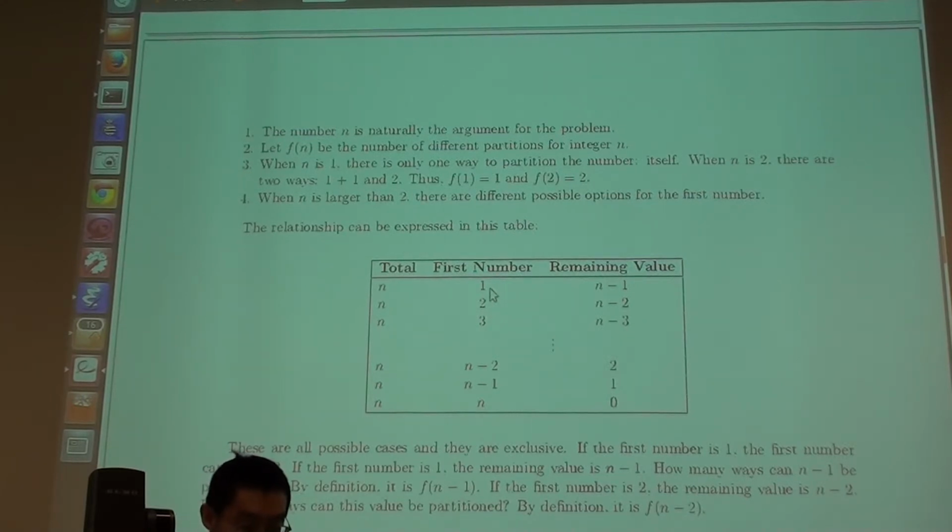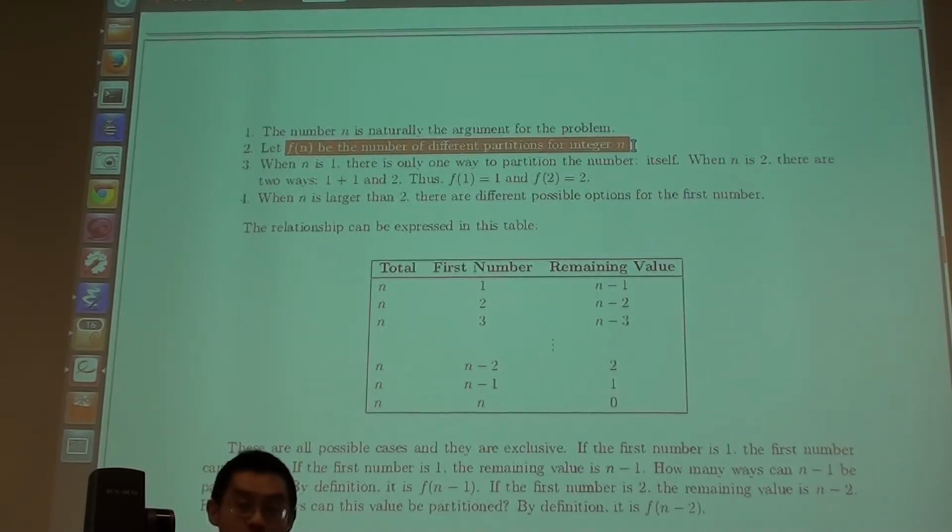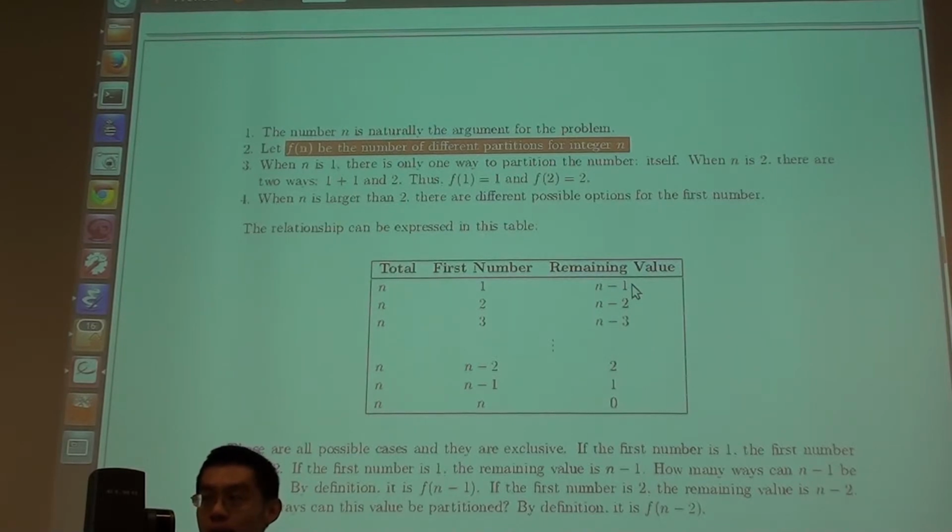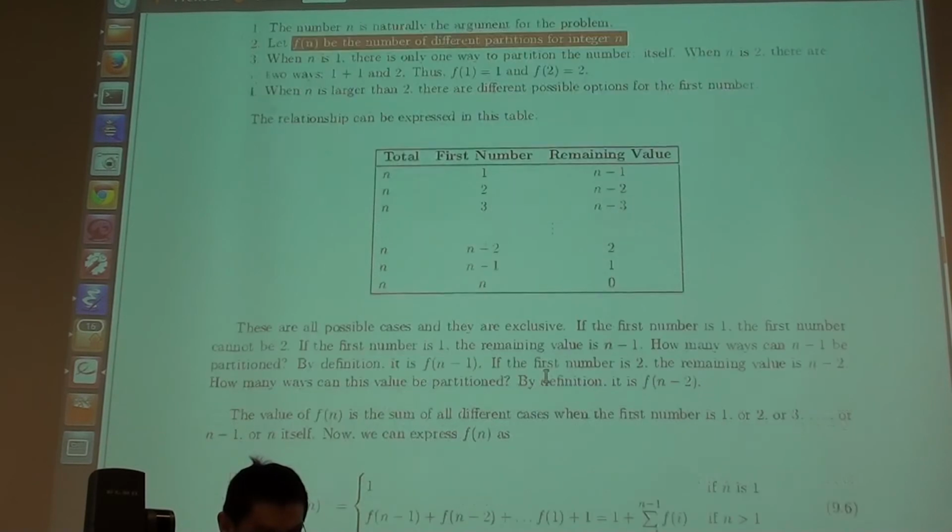Once you determine the first number, you need to worry about the remaining problem, right? If I define Fn as the number of partitions for n, how do I partition n minus 1? Fn minus 1. I throw it back to the problem. If the first number is 2, how many ways can I partition n minus 2? Fn minus 2. That's the reason you have this equation.